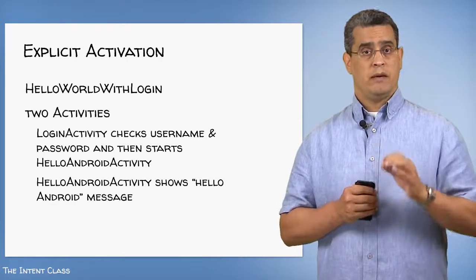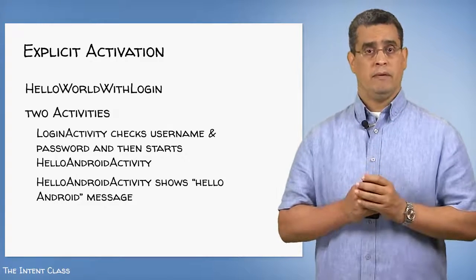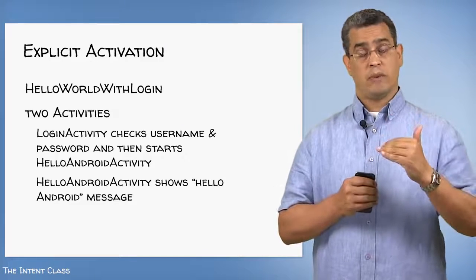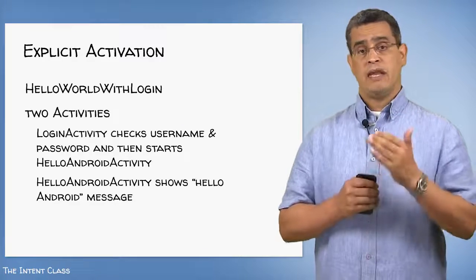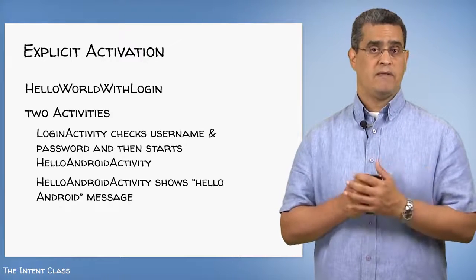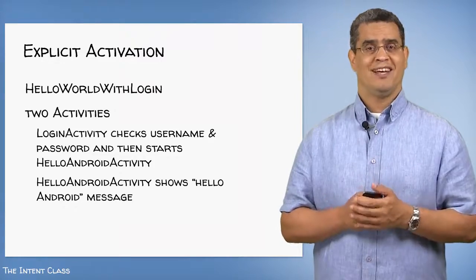There's also a button, and once the user enters the username and password, they'll hit the login button, and then LoginActivity will check the entered username and password, and if it accepts them, it will then start the HelloAndroid activity, which will then display the words Hello Android. Let's see that in action.